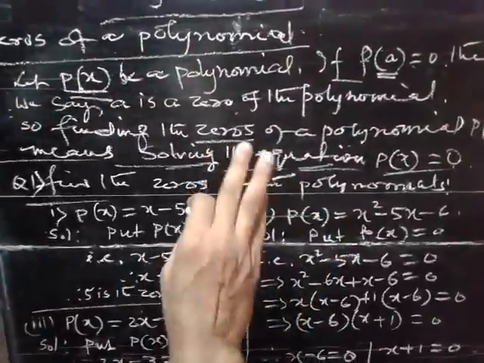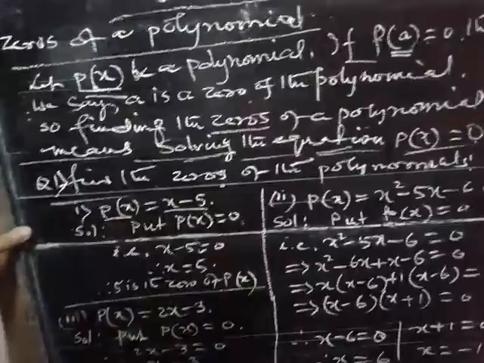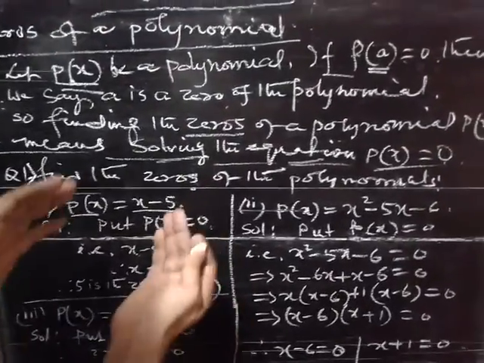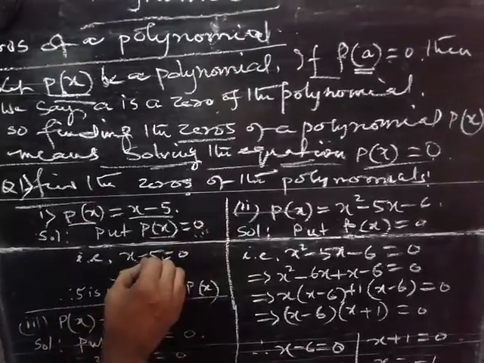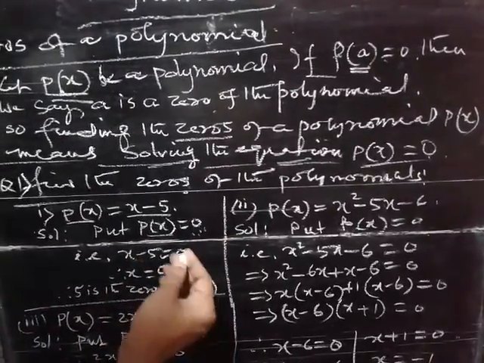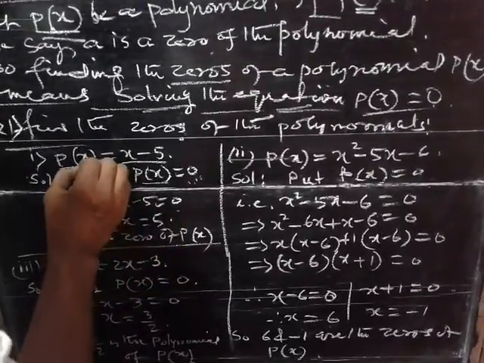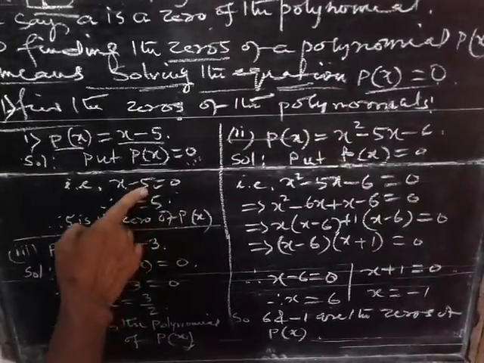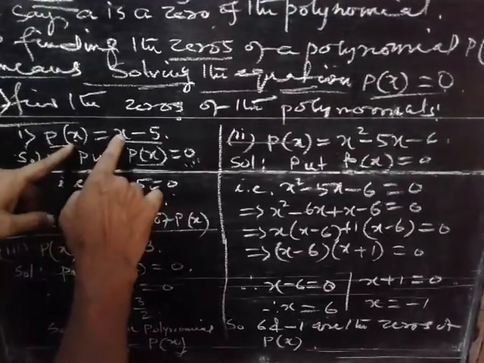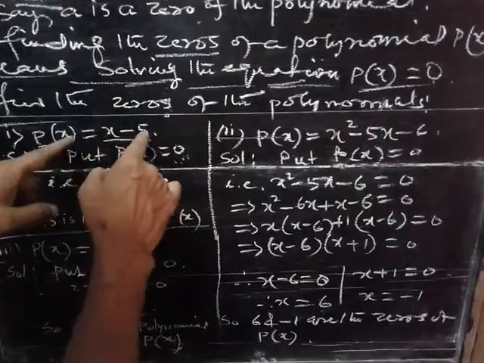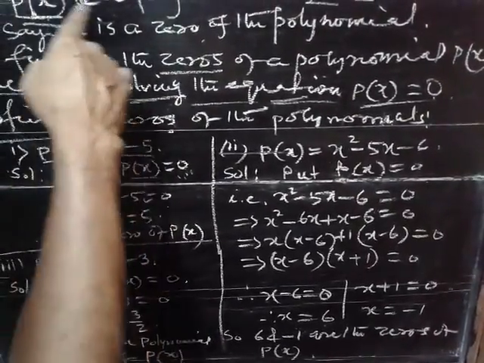Now I am just giving one example, like suppose p(x) is given x minus 5. Now if you put p(x) equal to 0, it means x equal to 5. If you put the value x equal to 5 here, p(5) will be 5 minus 5, it is coming 0. So 5 will be the zero of this polynomial.